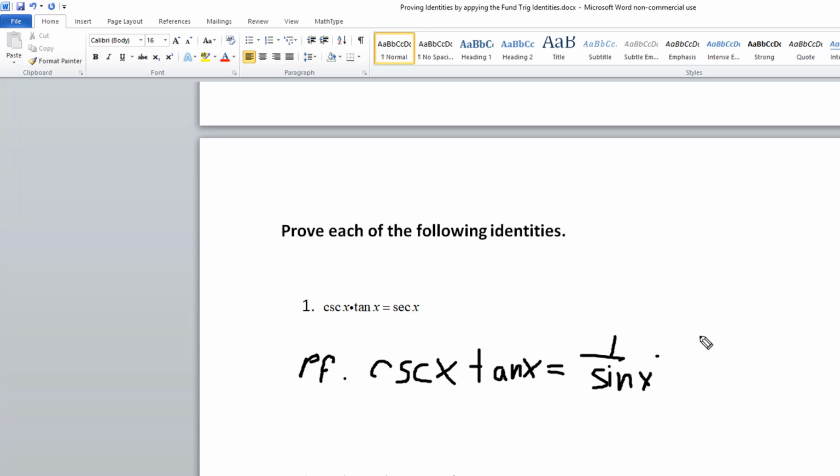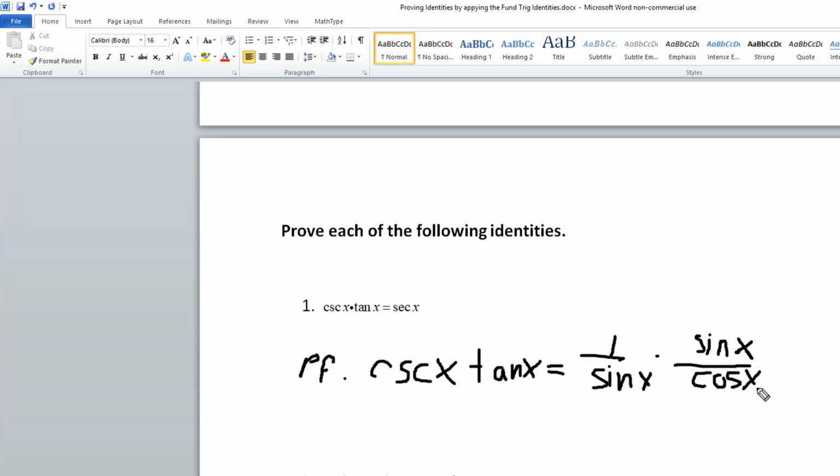Now tangent of x is sine of x over cosine of x. This is just like multiplying algebraic expressions.